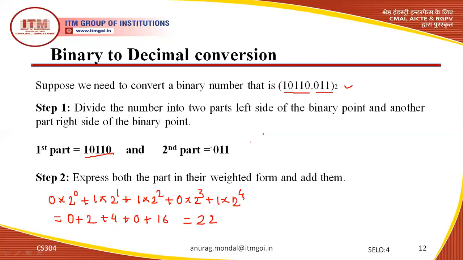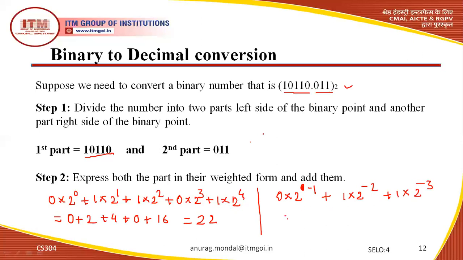Now for the second part, if I write down into the weighted form, just keep it in mind, second part is after the decimal point. So if I write down into the weighted form, what is the weighted form at that time? 0 into 2 to the power of minus 1 plus 1 into 2 to the power of minus 2 plus 1 into 2 to the power of minus 3.